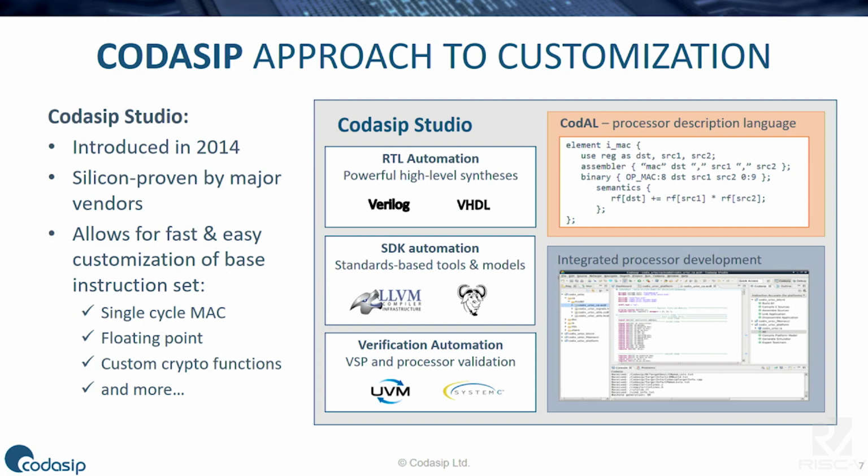You have an SDK generator, so we use LLVM for the C compiler, so you get a customized LLVM compiler that's aware of your changes. You have also low-level tools, assembler, disassembler, linker, everything you need to be able to program your code properly. And last but not least, you also get the UVM-based verification environment with, we hope, everything you need there to be sure and to verify that there is no issue with the customization.